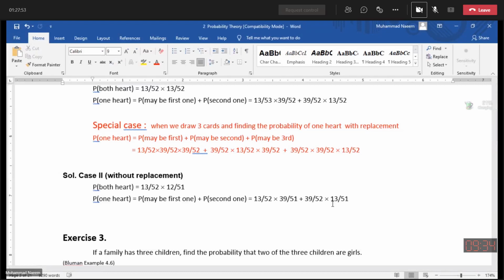Our next draw is intended to be a heart. So the probability is 13 by 52 because the total has been reduced by the first draw. If we were drawing three cards, in the third the total will be reduced to 50 cards.